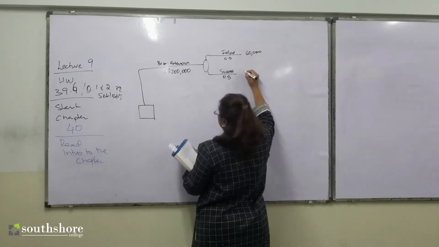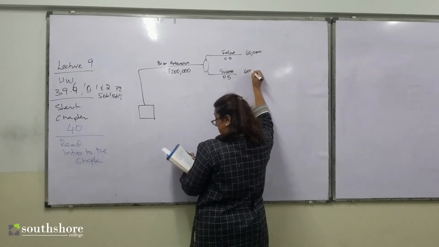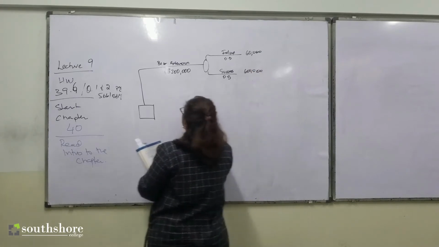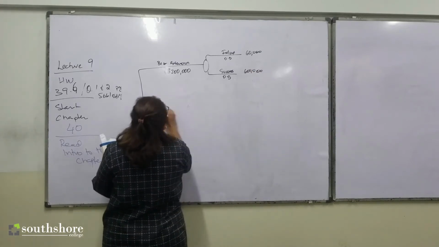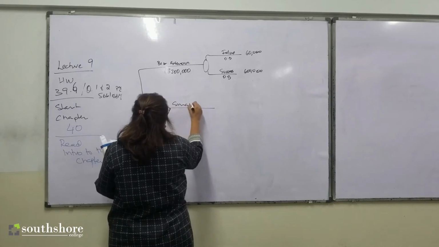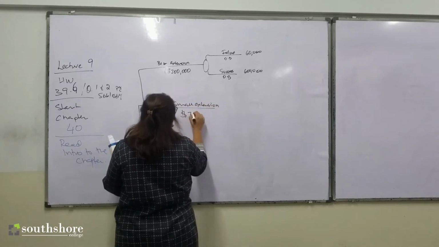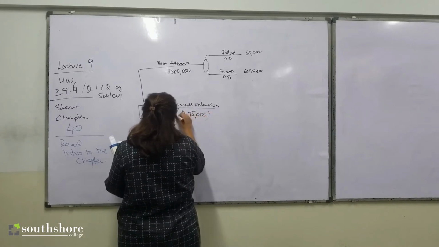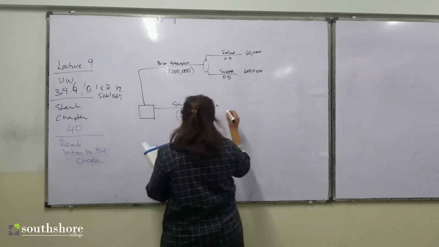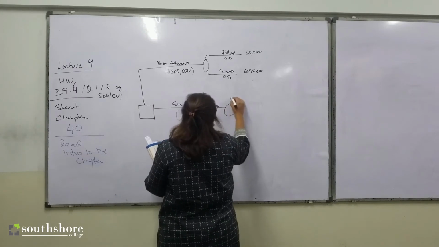Earning 60,000, earning 600,000. Wow. Second option, the small extension is going to cost her 75,000. Remember, the brackets are to show you that it's a minus, it's money going out.